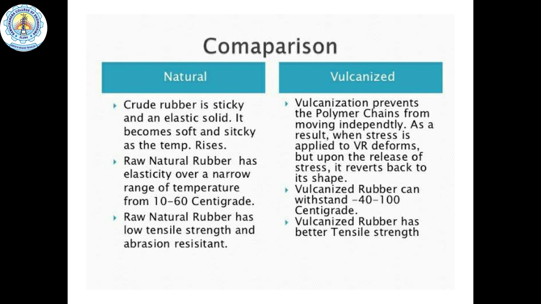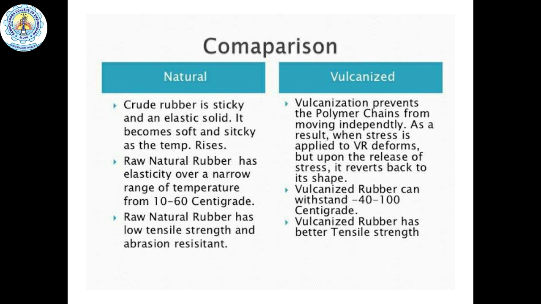Coming to the comparison of natural rubber and vulcanized rubber. Natural rubber is a crude rubber, and it is a sticky, elastic solid. It becomes soft and sticky as the temperature rises. Coming to the vulcanized rubber, vulcanization prevents the polymer chains from moving independently. As a result, when stress is applied to vulcanized rubber, it deforms, but upon the release of stress, it reverts back to its shape.